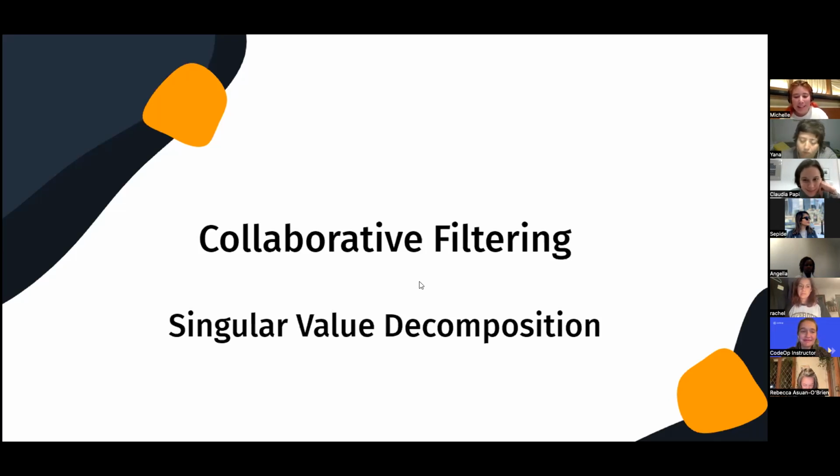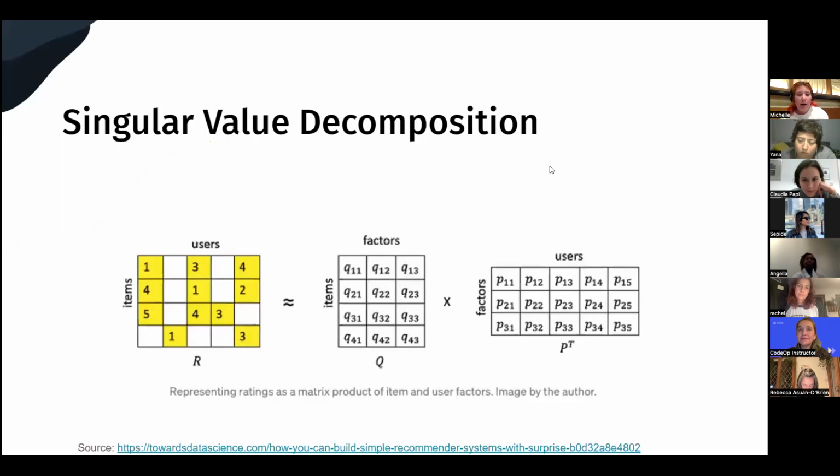It's about decomposing the data, the matrix that we have, and then reconstructing it again to fill in the gaps. For example, this first matrix in the picture would be the user-item connections we have, whether this user likes this product or not.